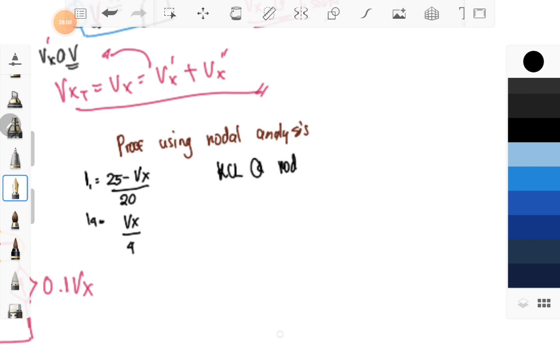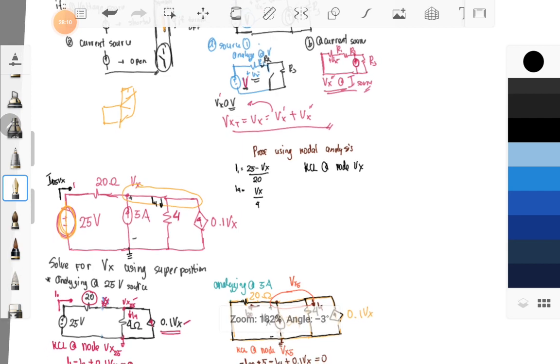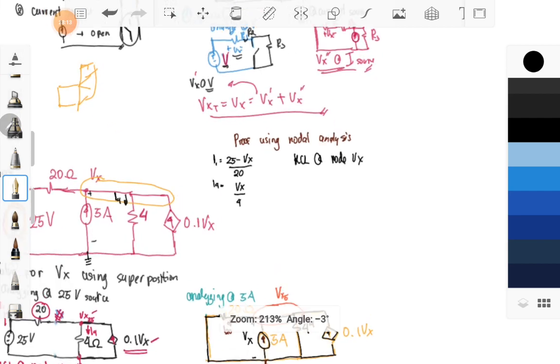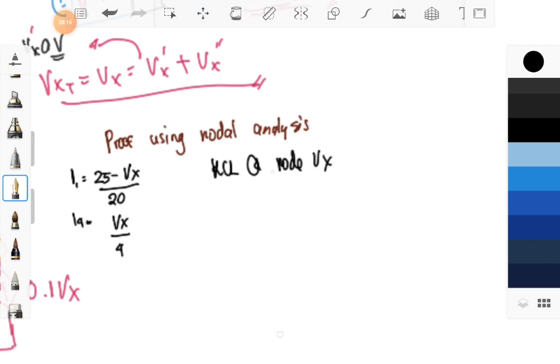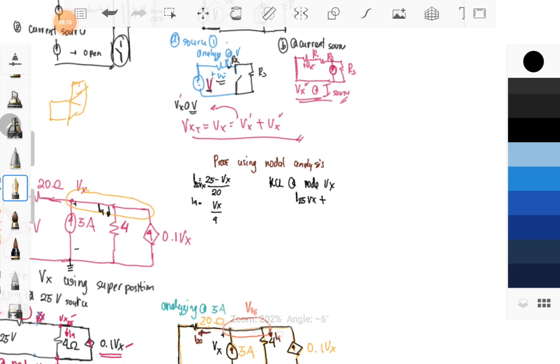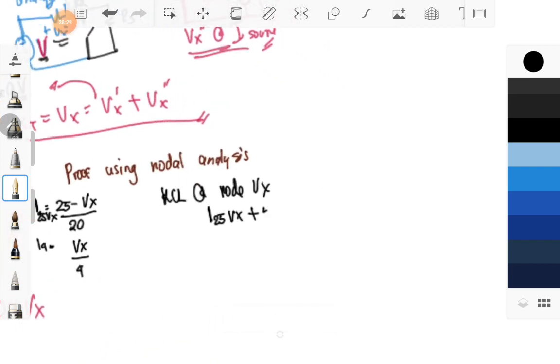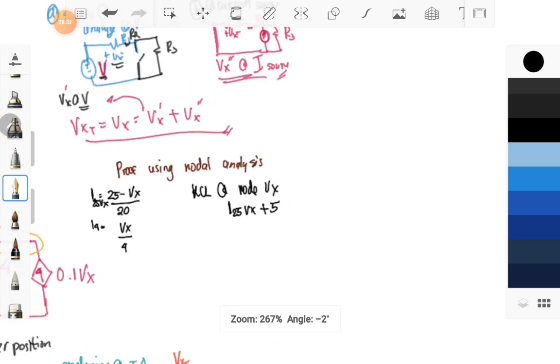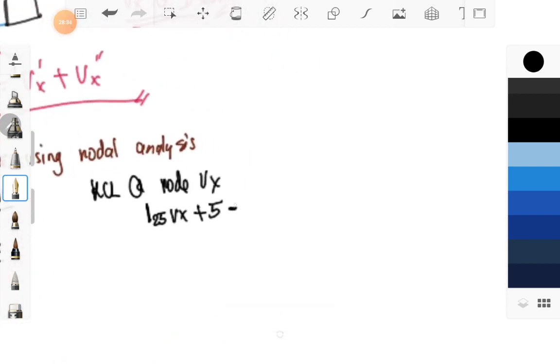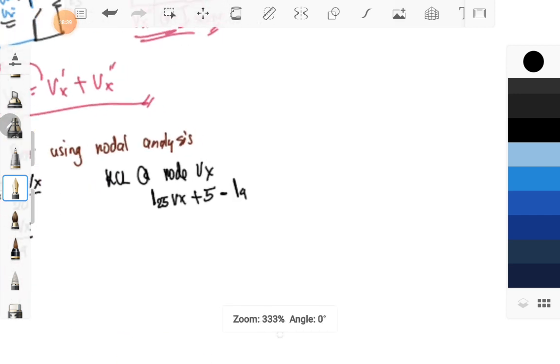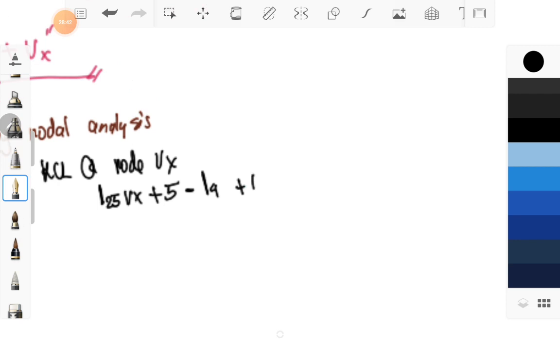I25 Vx is going into your node, plus your 5 amperes is also going into your node, and then our 4 ohms is going out of the node, minus I4, and then your dependent source is going into the node, which is 0.1 Vx.